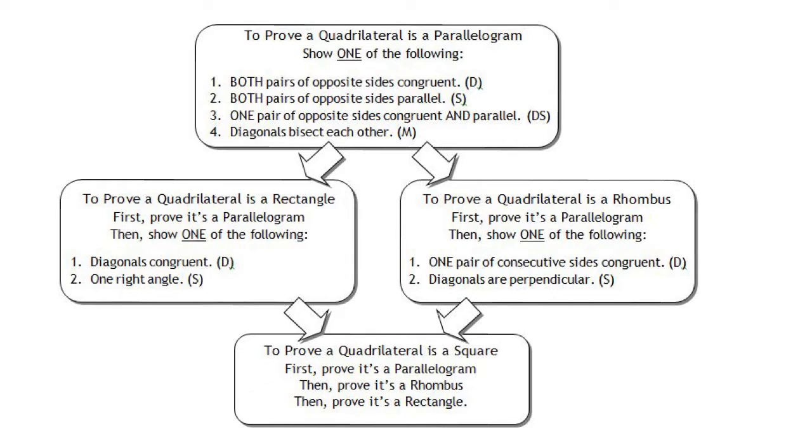Now, you would show that diagonals bisect each other by showing that their halves are congruent. So, you would show that each part is congruent, and then you would say, so therefore it must have been bisected. I can show you that cycle another time. But do one of these things to prove that it's a parallelogram.